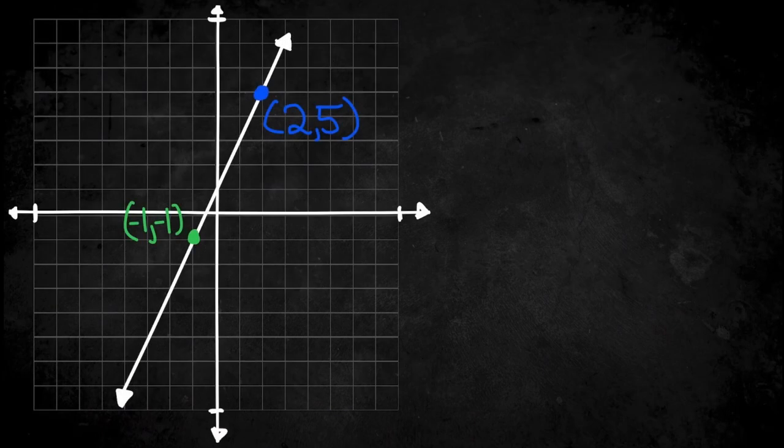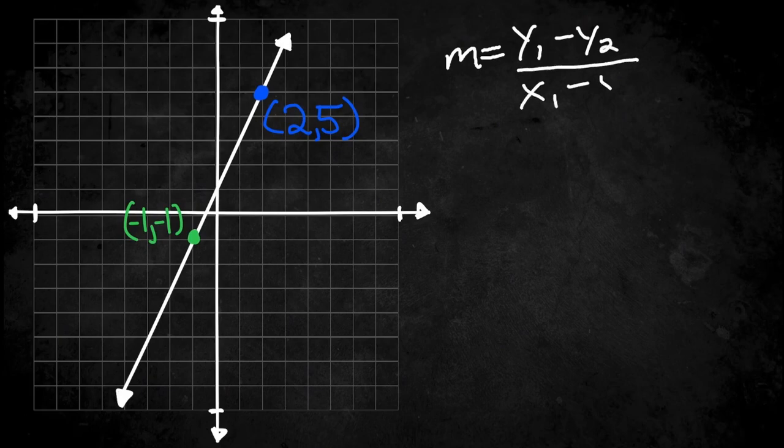So we have a line that we need to write a slope-intercept equation for, and we have 2 points along the line given to us: (1, -1) and (2, 5). So, using these points, we can now find the slope using the slope formula. The slope formula is m equals y1 minus y2 over x1 minus x2, right?